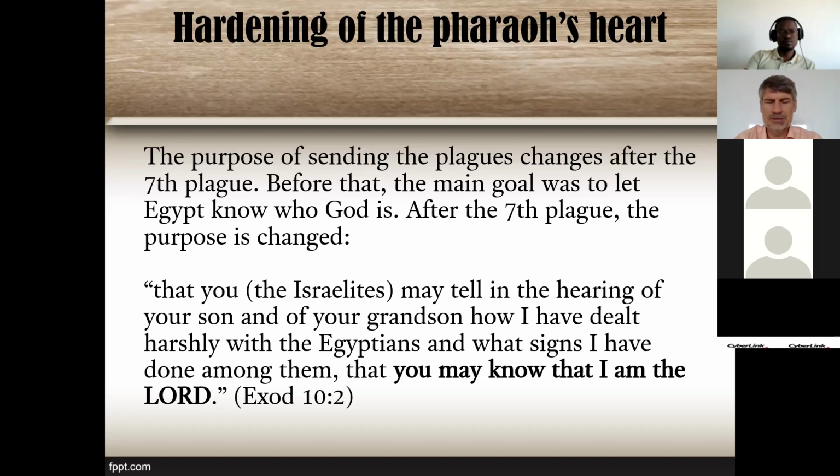Do you see the difference? Before, the plagues were given to teach Pharaoh and the Egyptians. Now we can see that the last three plagues are given in order to teach the Israelites who God is.